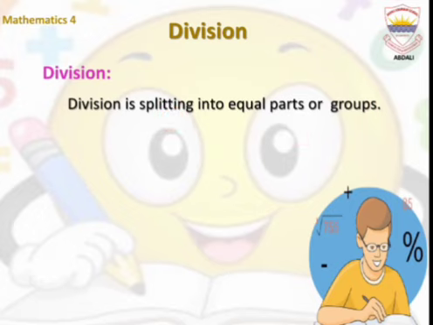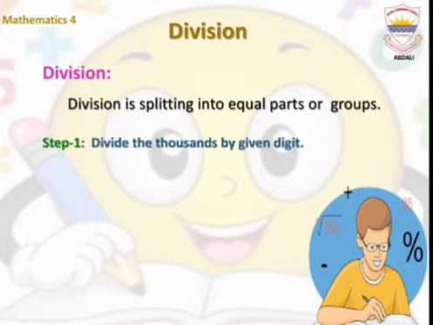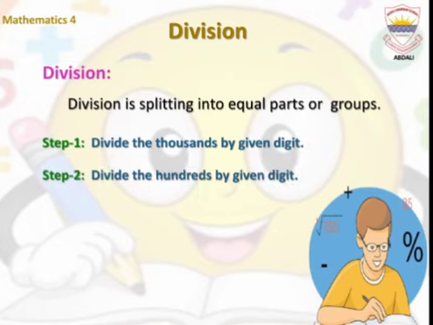Student, for division we have some steps to follow. Our step 1 is divide the thousands by the given digit. Our step 2 is divide the hundreds by the given digit.